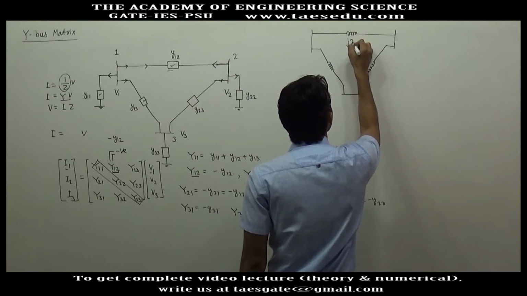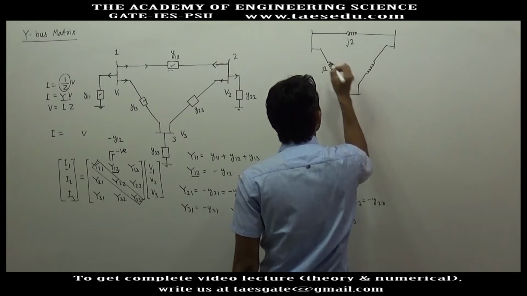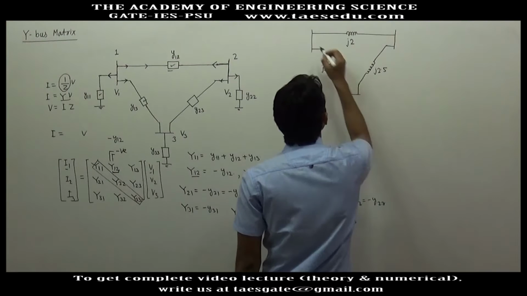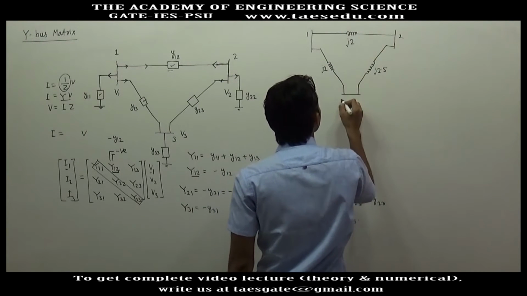Let's say this is J2 and J2.5. This is bus 1, 2 and 3.